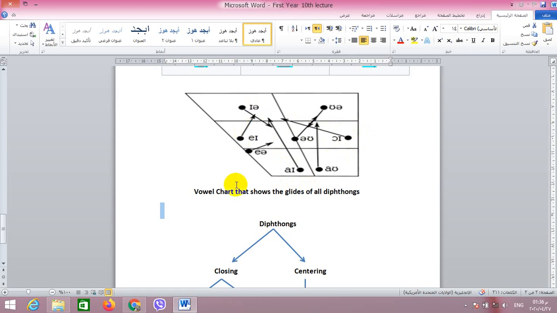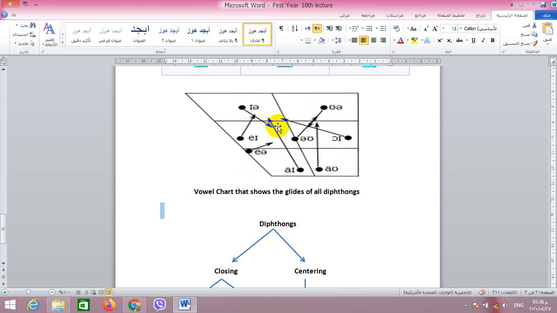Now the other closing diphthong type is the one ending in u, and you can have a look at this point. Here we have o and ow. Now, centering diphthongs are the diphthongs moving to the center, to the schwa.